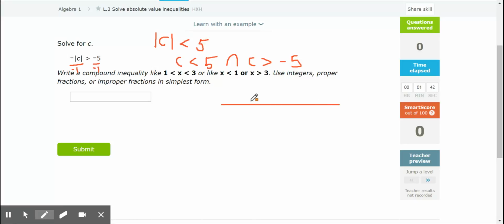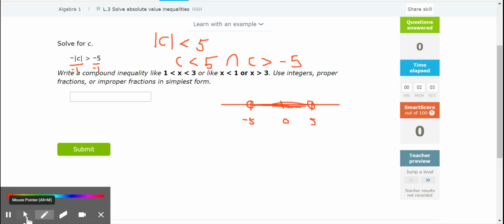What that would be on a number line is from -5. I just put a 0 in the middle, and the mirror image on that side, we'd have a less than heading in this direction. We'd have a greater than starting from here heading in this direction, and they would overlap from -5 to +5.